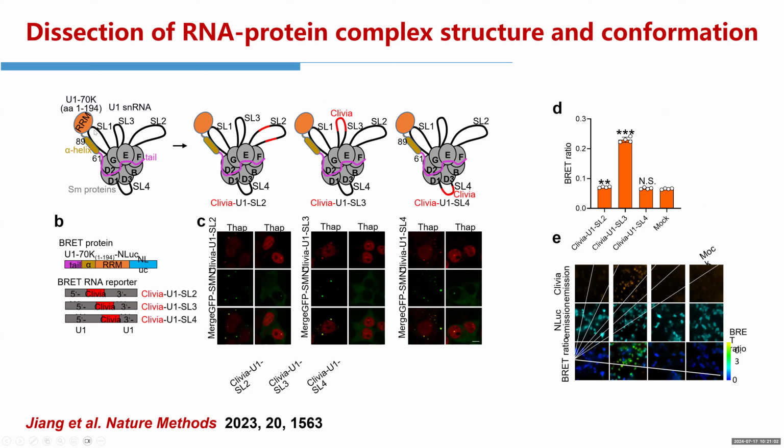When we fuse NanoLuc to the protein, which closely binds to stem-loop 1, we observe that stem-loop 1 interacts with stem-loop 3, but not stem-loop 2 or stem-loop 4. This can be done by in vitro study or in live cell imaging.